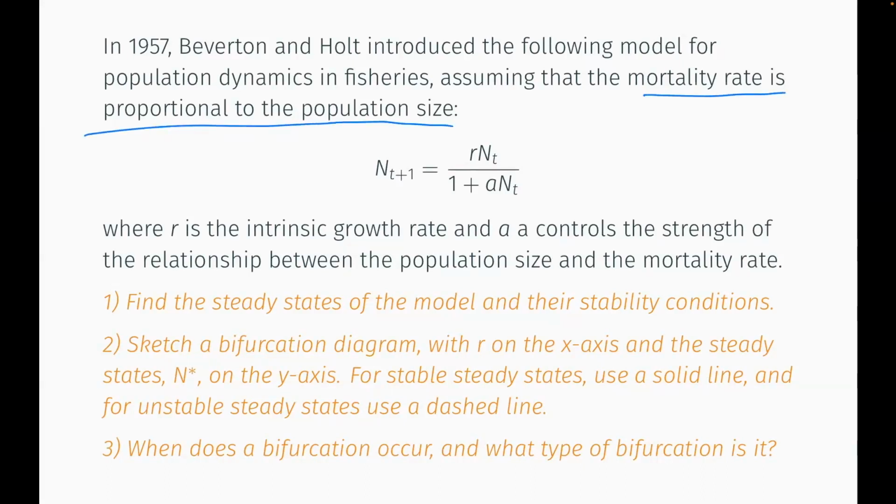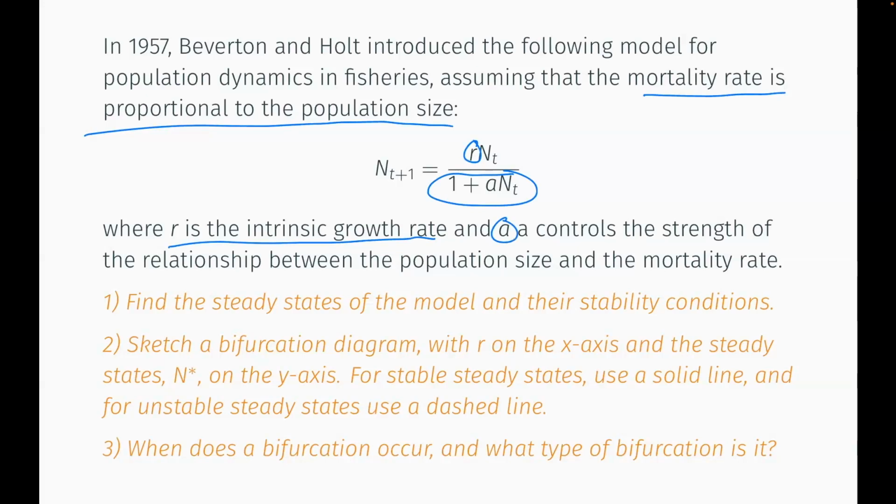So they still have an intrinsic growth rate r here, but they also have a slightly different setup, where we're dividing this intrinsic growth by a mortality term where a controls the strength of the relationship between population size and mortality rate.